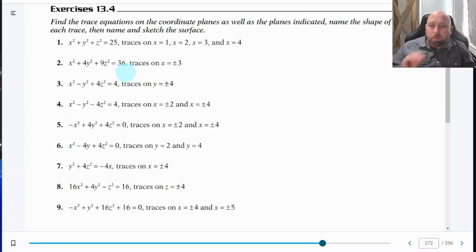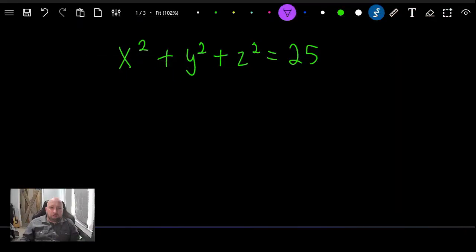Okay, so basically what we want to do is take this and break it down into its base equation. So let's jump over here and look at this. I've got it written down, and let's break this down. So what is this going to look like? All we're going to do here is try to get this to go to 1.